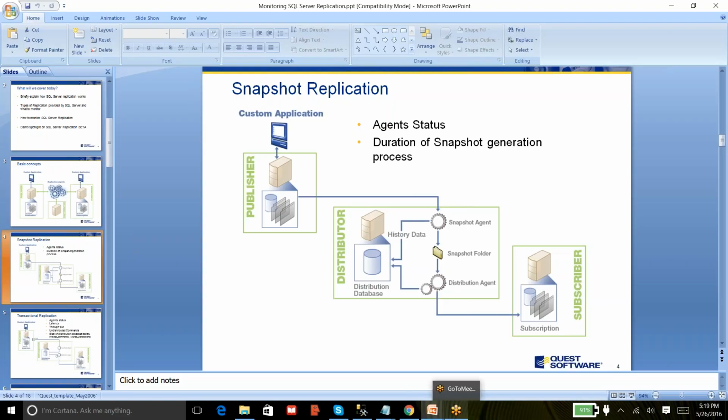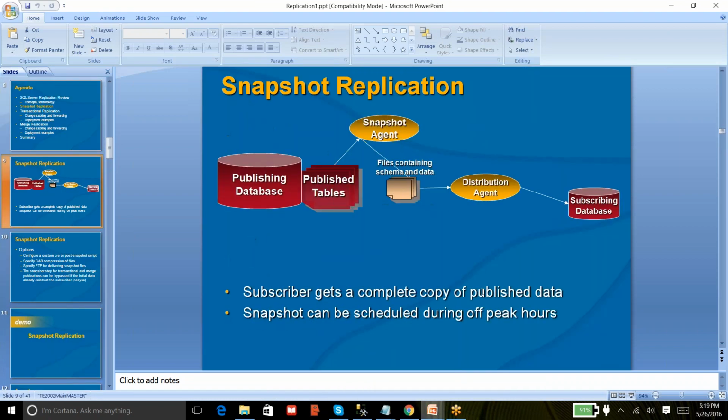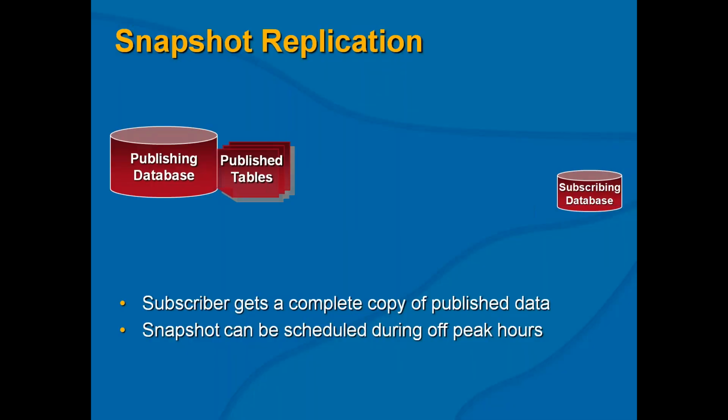Or else I have one more PowerPoint presentation I can show you as well. So this is the same for snapshot replication. I've got one more picture over here. This is my published database and these are my published tables, and on the right-hand side you can see my subscribing database.